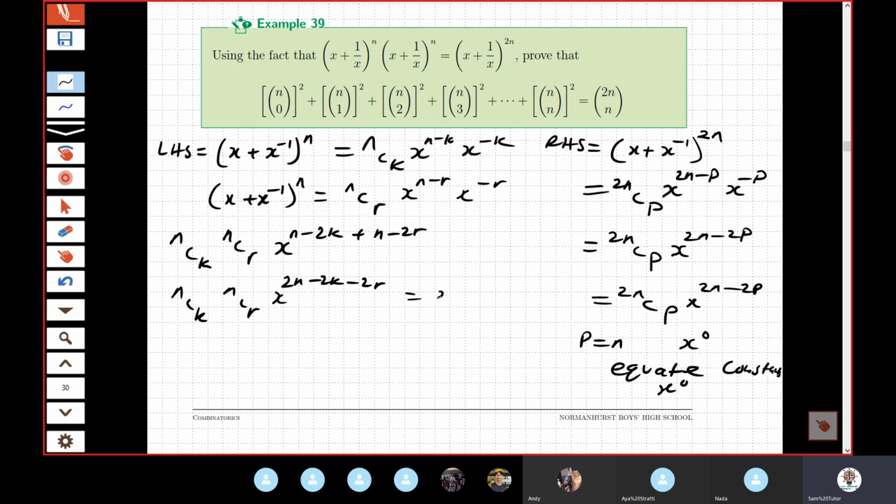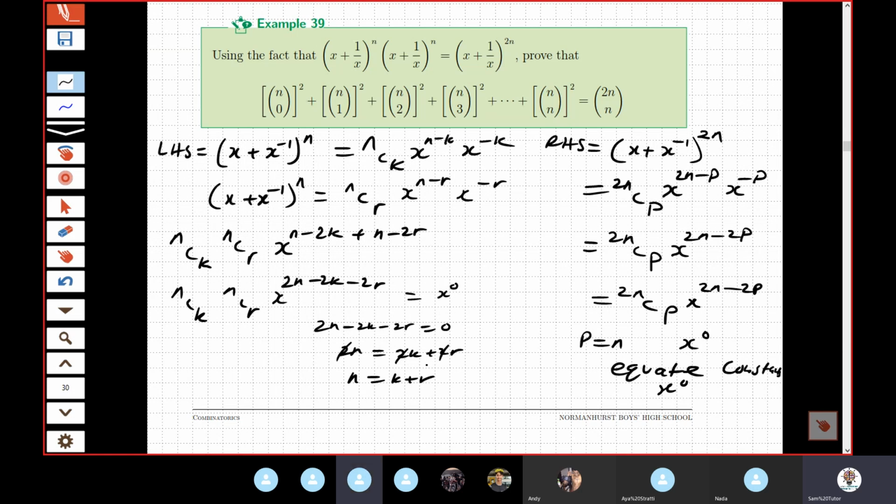Equals x to the 0, so we get 2n minus 2k minus 2r equals 0, as long as 2n equals 2k plus 2r, as long as n equals k plus r, you'll always get it to 0.